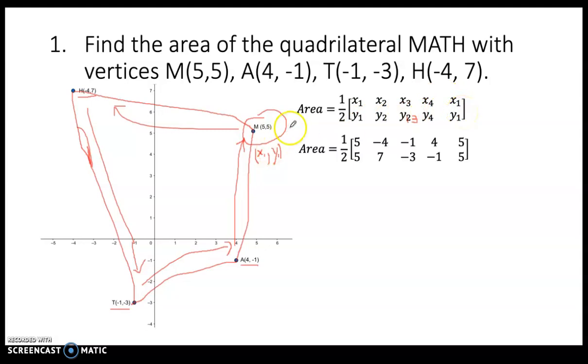Okay, so I started with this one, so counterclockwise, M, H, T, and A. So 5, 5, -4, 7, -1, -3, 4, -1, and 5, 5.